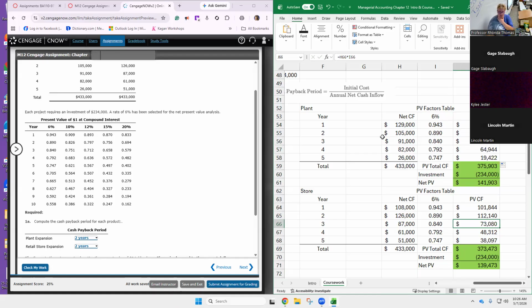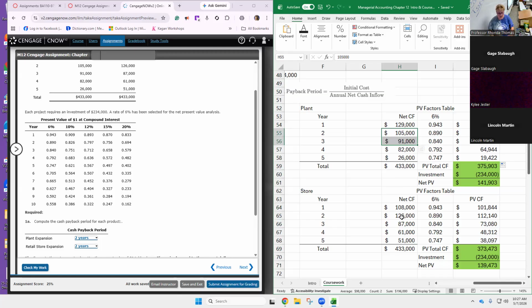And notice the cash flows are different. If they were exactly the same, they would come out to exactly the same present value of the cash flows. But because this project brought in 129,000 the first year, but this project only brought in 108,000 in cash, and vice versa, the second year is 105,000 and so forth.